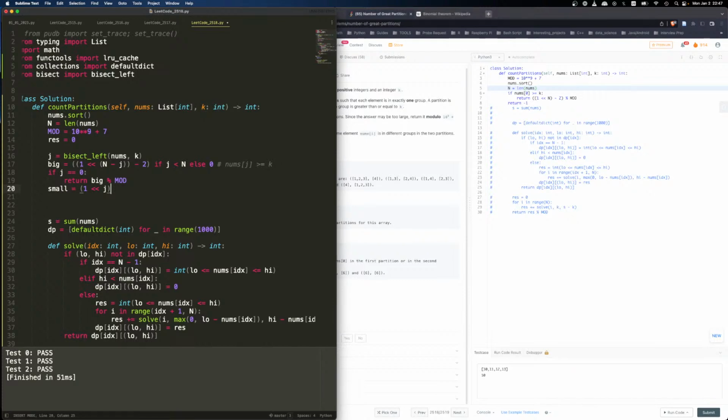What if j is, because I am doing bisect left, right? So it could be 0. Oh, that's fine. So if I have something smaller and I'm going to do this, then it'll be 1.